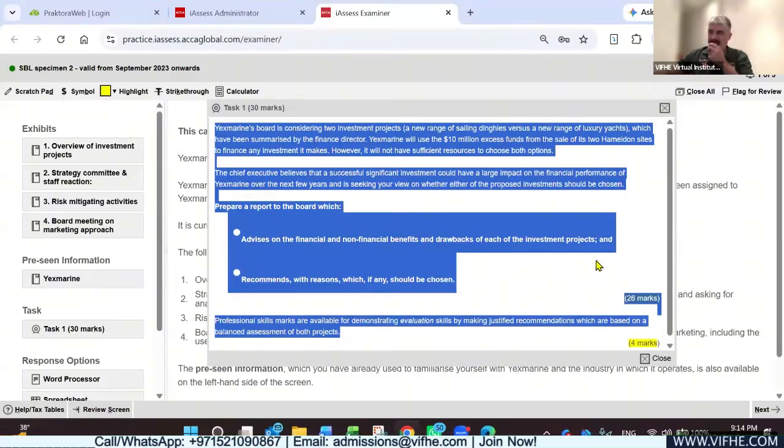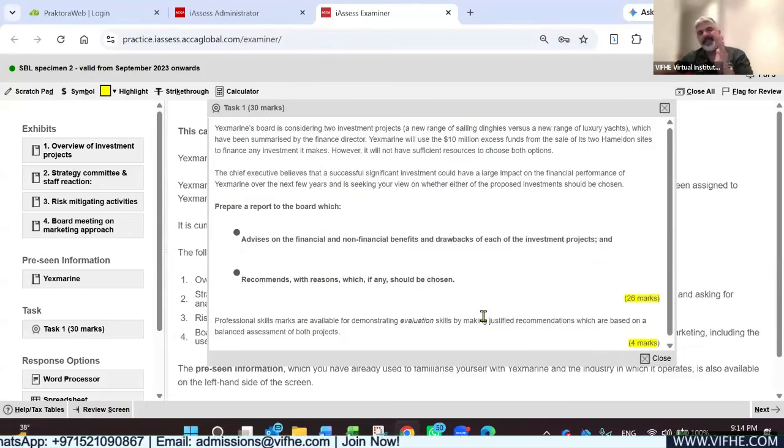So let me just explain the requirement first. Every requirement has 3 components. How many components, guys? Quick. Every requirement has 3 components. How 3?